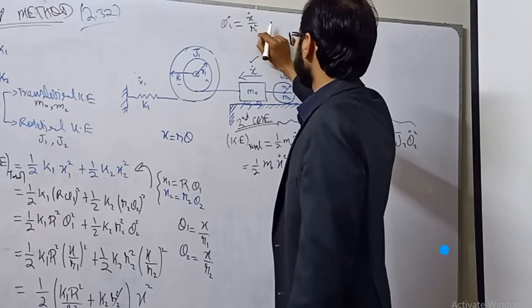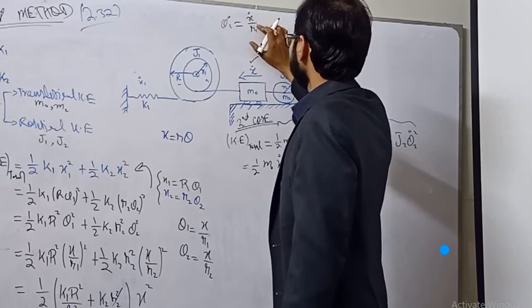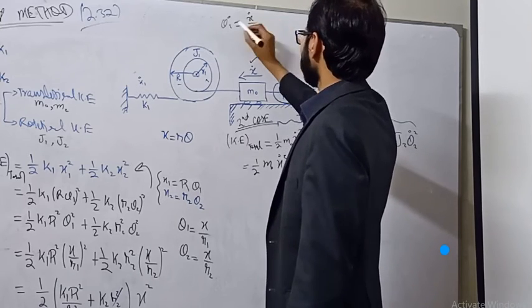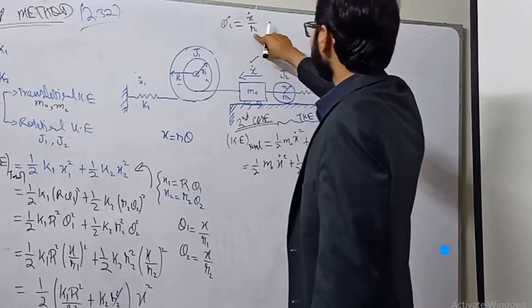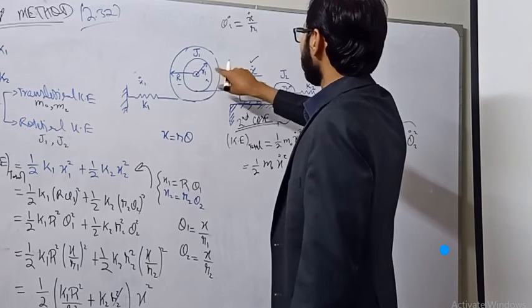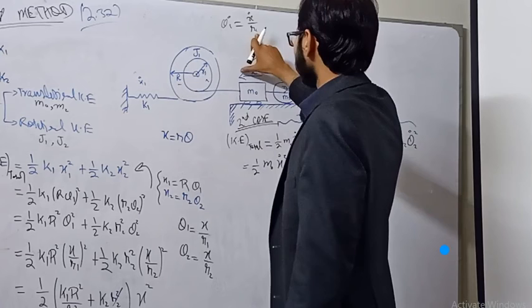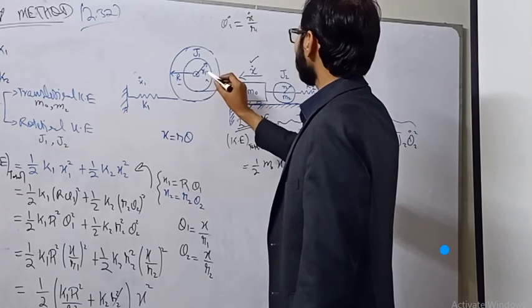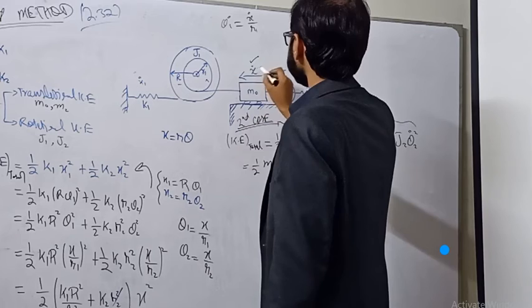We can write capital R, no need for the square. The formula is x is equal to r theta. Why have we written a small r1 here, when we could write capital R? Because r1 is directly attached to the translating mass m naught that has velocity x naught.